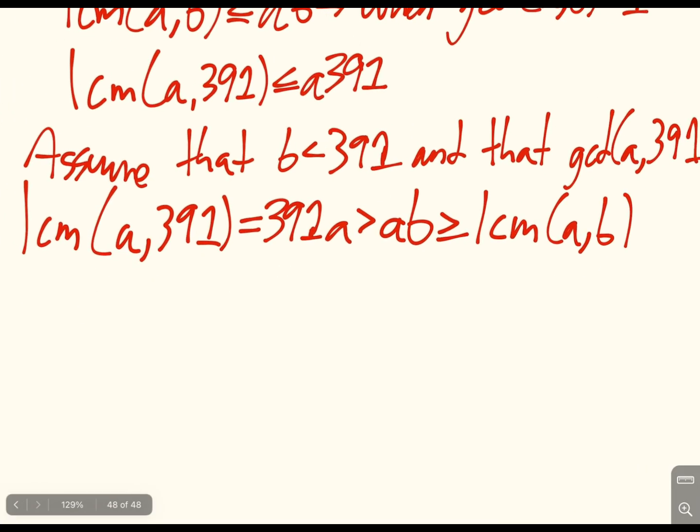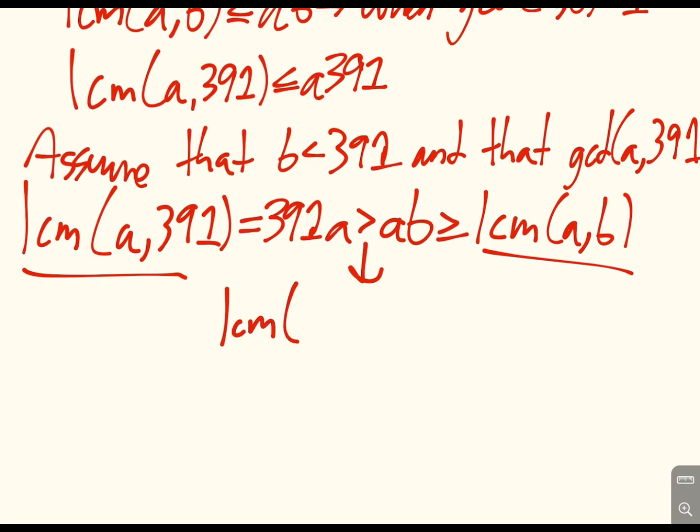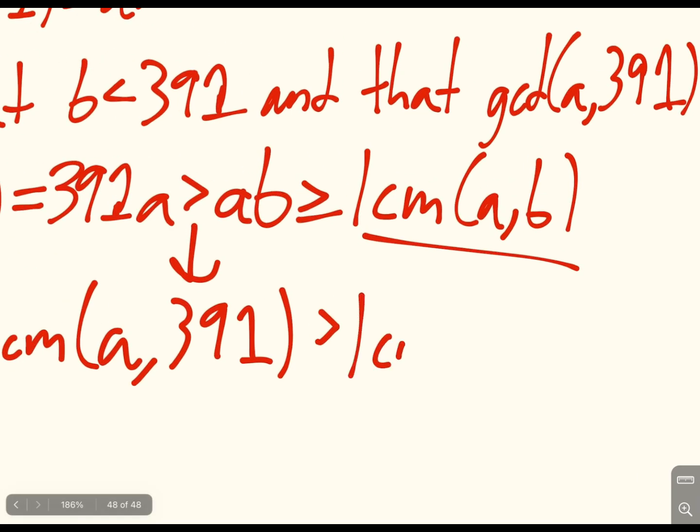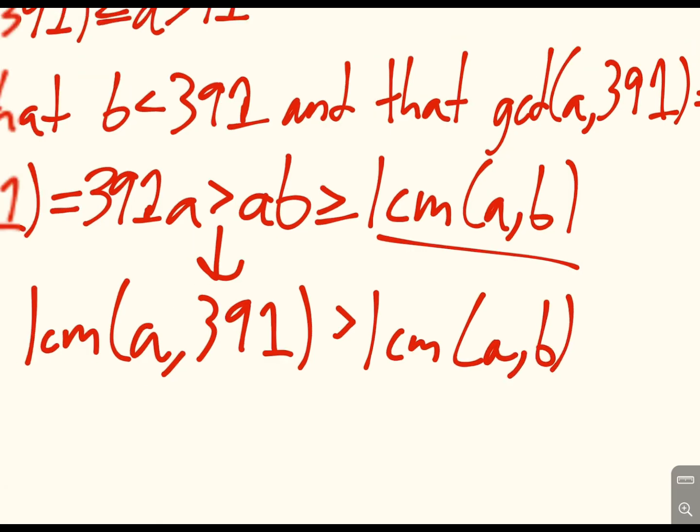So from here we can grab this with this strict inequality and say that the least common multiple of a and 391 is greater than the least common multiple of a and b.